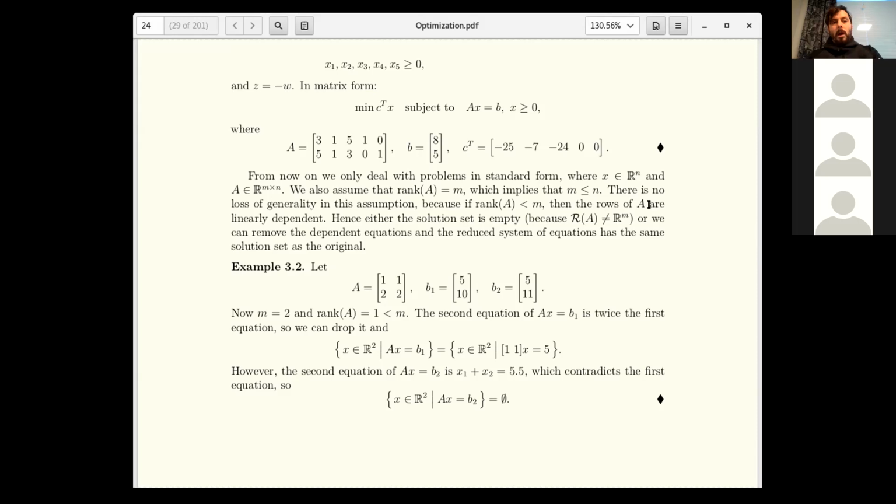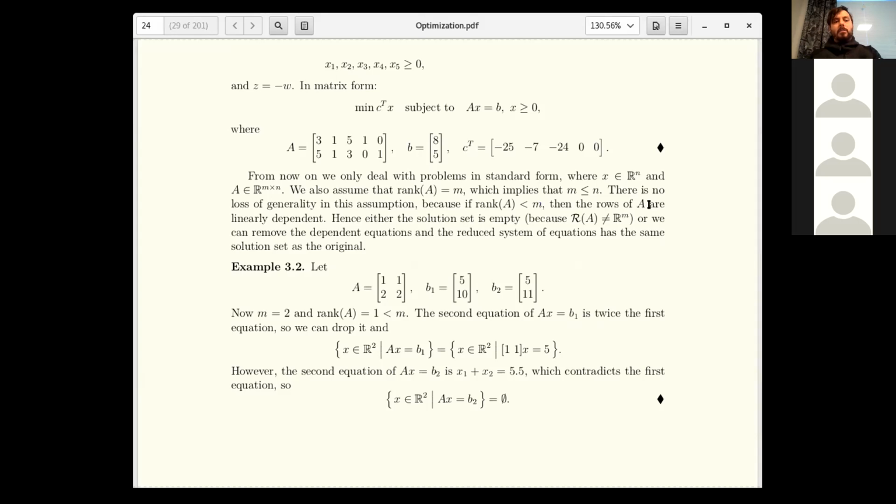If we have B1, this is a situation where the first equation is x1 plus x2 equals 5, and the second equation is 2 times x1 plus 2 times x2 equals 10. Obviously, the whole second equation is 2 times the first equation, so we can just leave that, and it has rank 1, and the equation becomes just one linear constraint, x1 plus x2 equals 5.